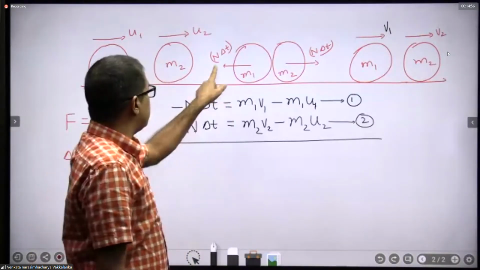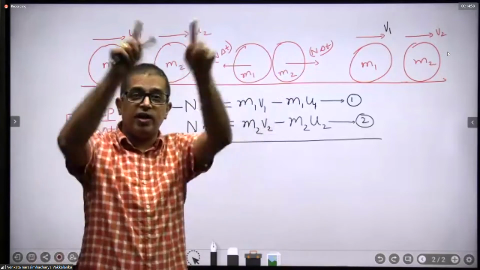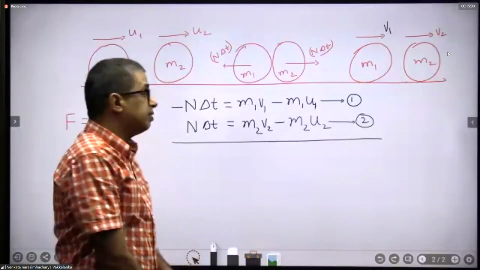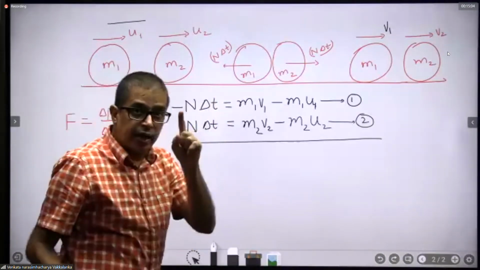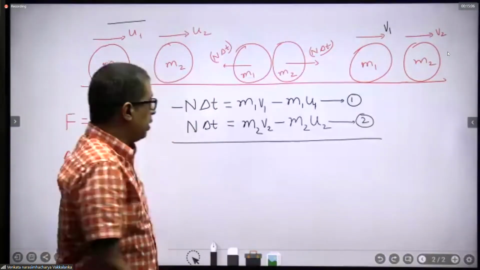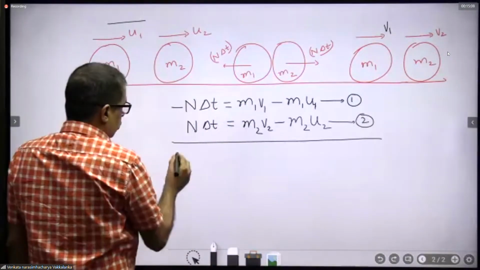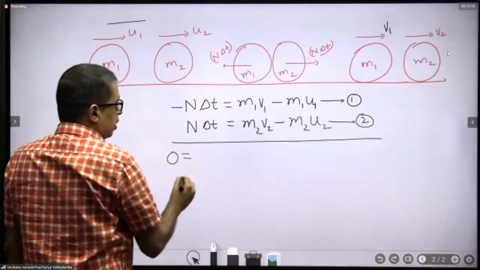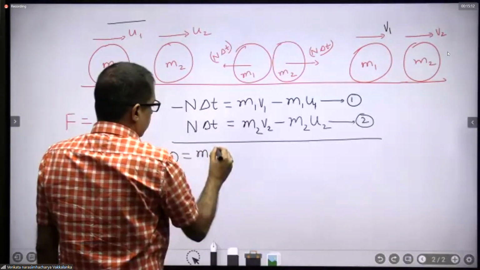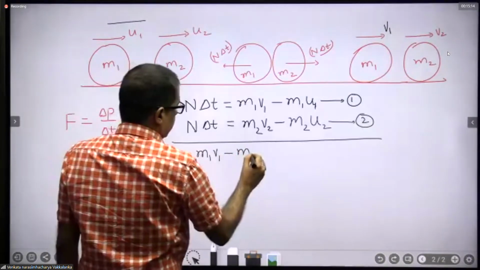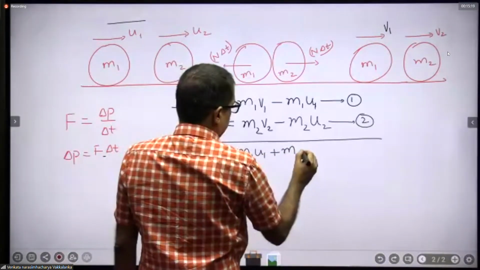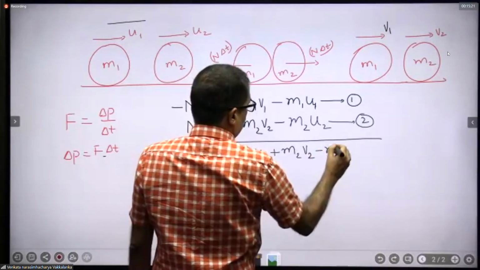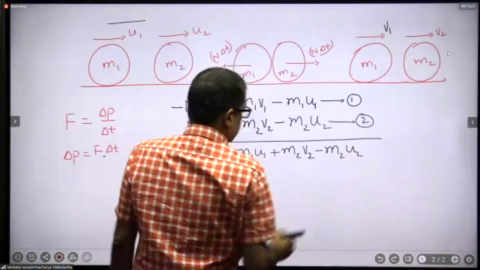Why? N delta t will become an internal force if I take all of the system put together. Take the whole of this as one system, N becomes an internal force. Add both of them, what do you get? 0 equals M1 V1 minus M1 U1 plus M2 V2 minus M2 U2.